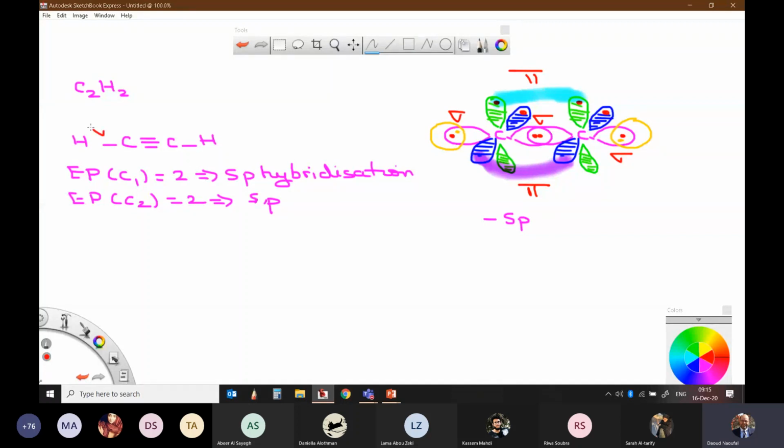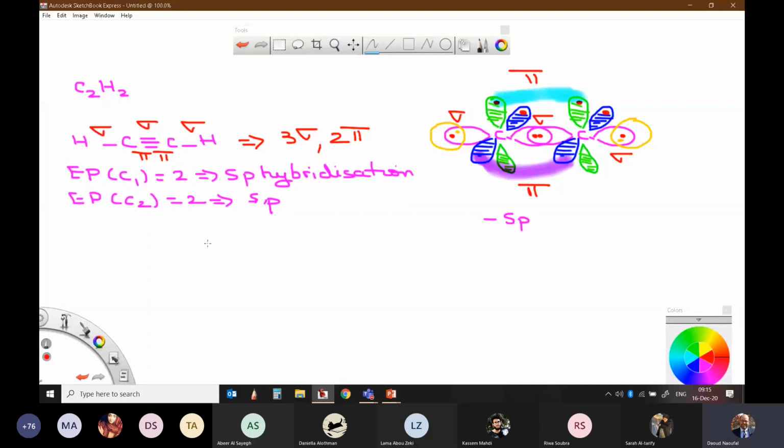So we have sigma, sigma, sigma, pi, pi. So in total, we have 3 sigma and 2 pi. This is the drawing of the orbitals in case of C2H2.